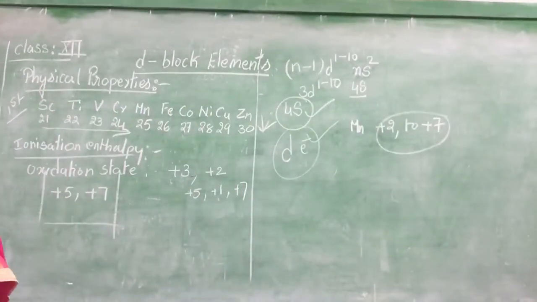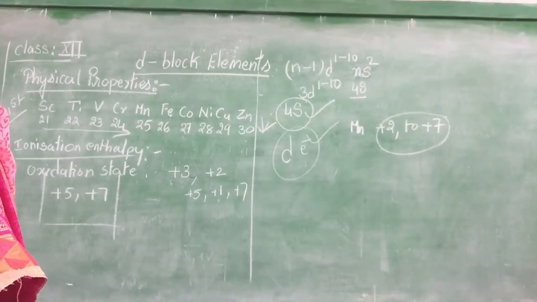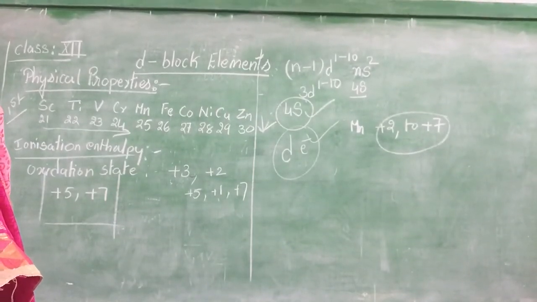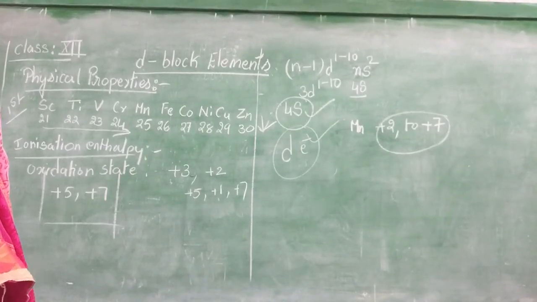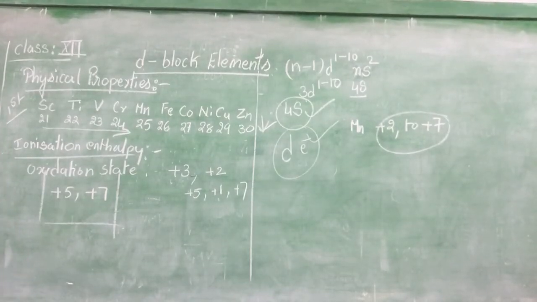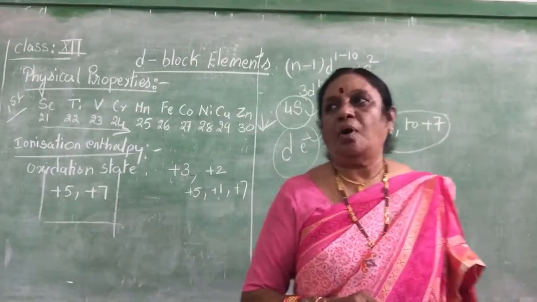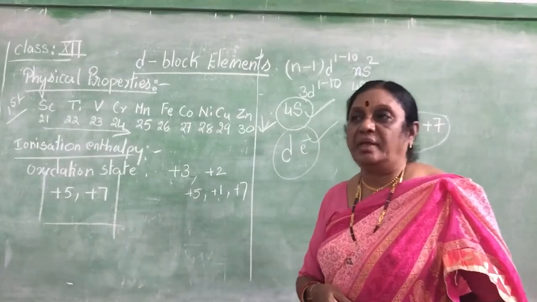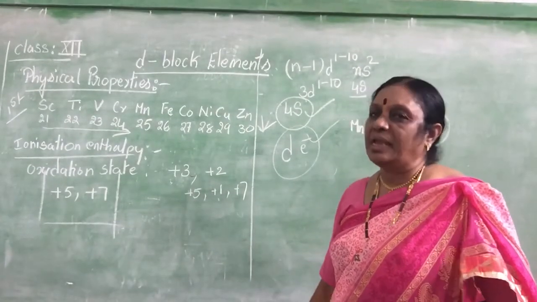Now, there is a lesser number of oxidation states at the extreme ends, from either too few electrons to lose or share. Scandium and titanium, you can give as examples. The variability of the oxidation state is a characteristic property of transition elements. So why do they show variability? That is one of the characteristic properties of the transition elements.